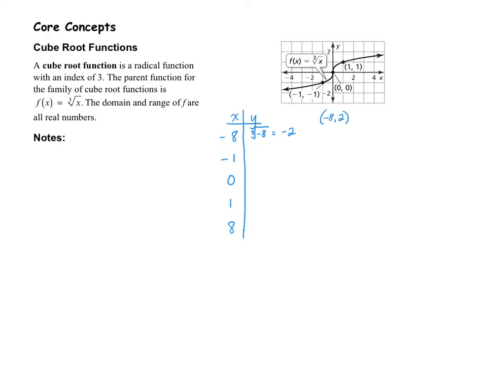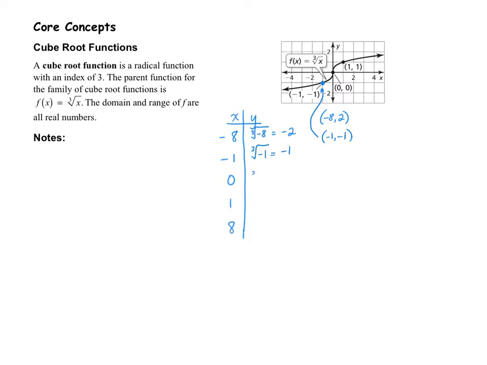You'll notice that this graph here does not quite go out to -8, but you can imagine if you were to follow this out and continue it, it would indeed have a point right about here where (-8, -2) would work. If we plug in -1, the third root of -1 is -1, so that means (-1, -1) is a point on our function. We do see that right here on the function there.